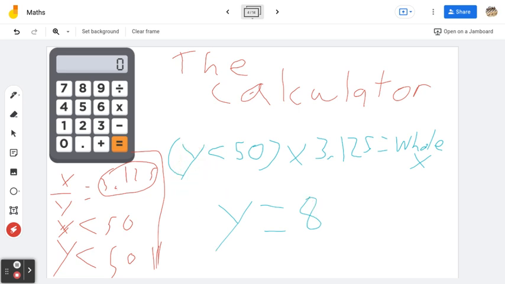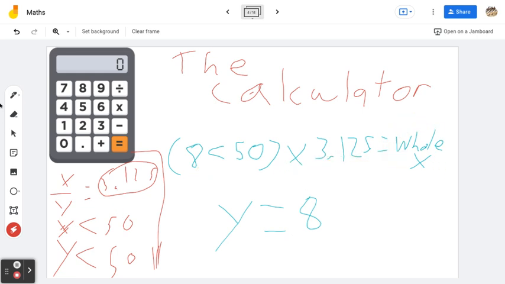What's the other variable? Hang on, if we check out this equation once again, if we know y equals 8, let's just use this. Let's get rid of y and we'll replace it with 8. Let's check it out, just in case. Is 8 smaller than 50? Obviously it is. And now we check out that 8 multiplied by 3.125 is going to equal x, a whole number.